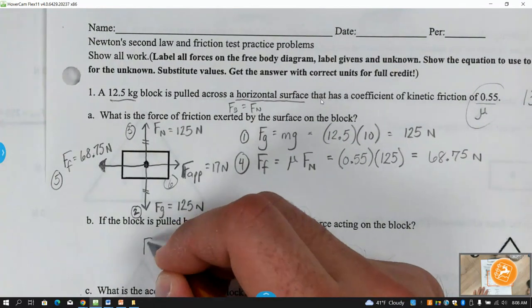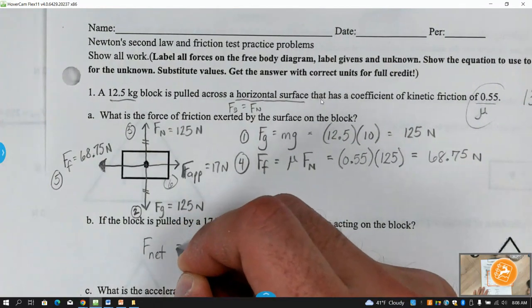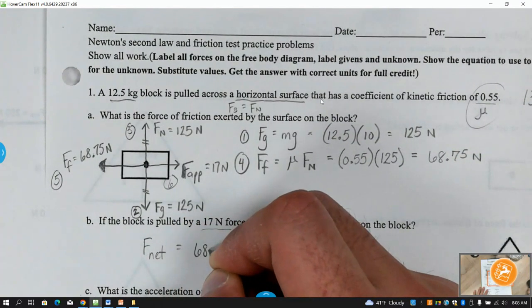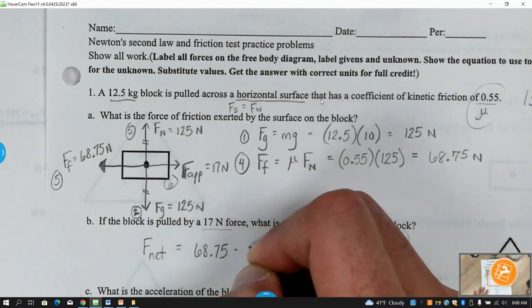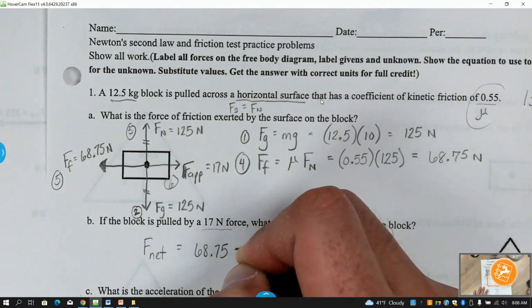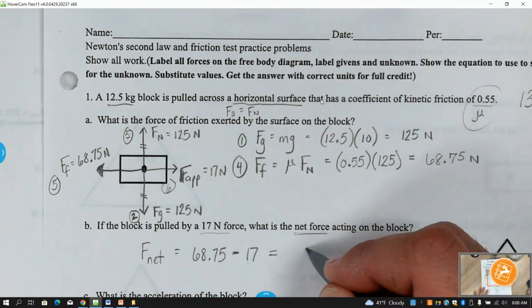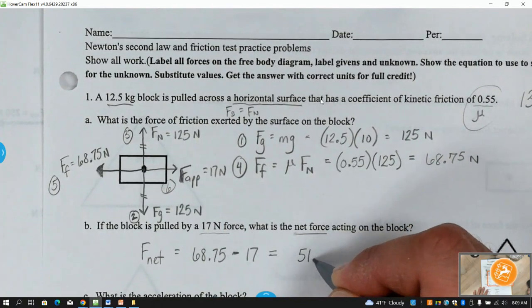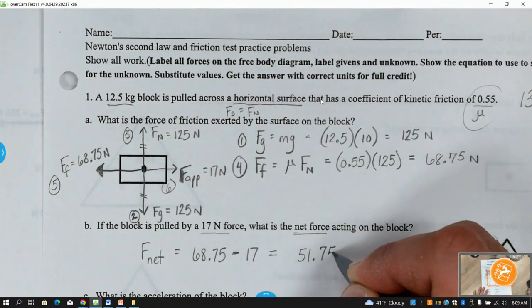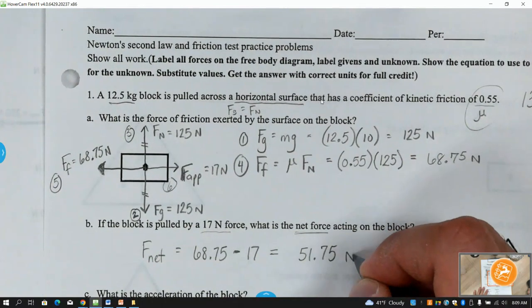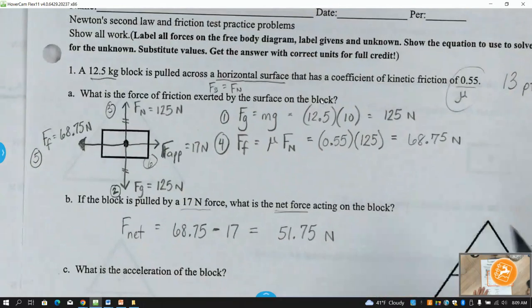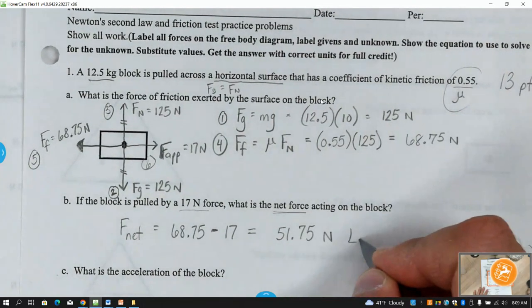No. So the net force will be equal to that 68.75 minus 17. This comes out to be 51.75 newtons. And what direction? Left.